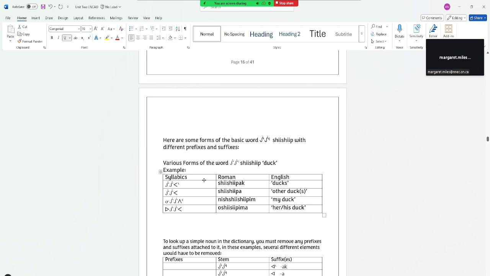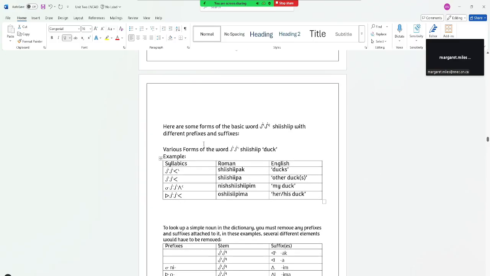So here you can see in this example the prefixes and suffixes, and here is the syllabics on the left side of the chart, the Roman writing in the middle, and the English translation on the right. So here on top it says shishib in syllabic writing, and shishib in Roman writing, and duck.